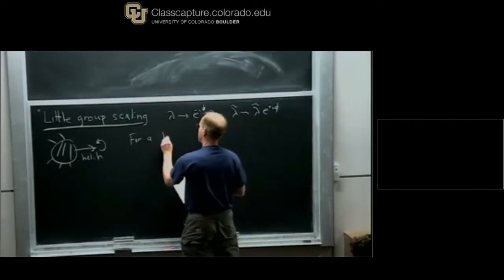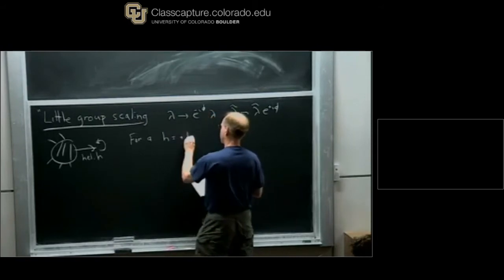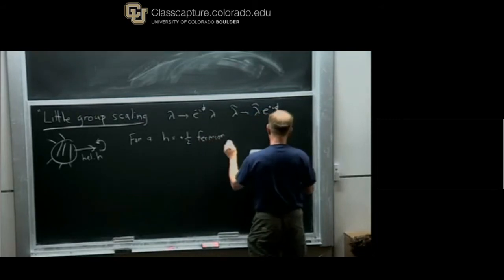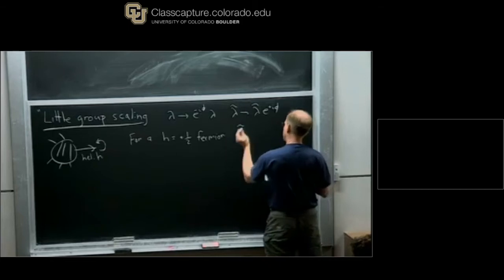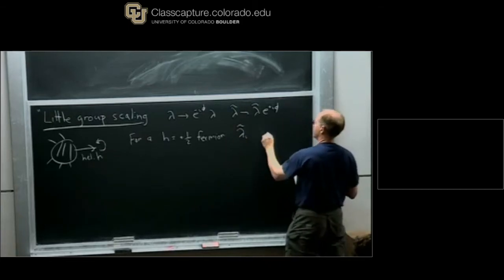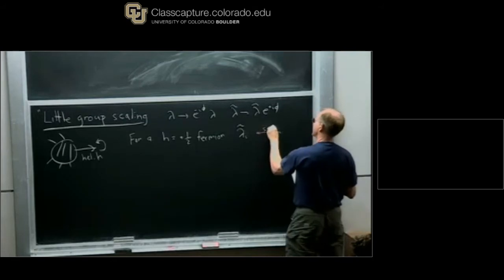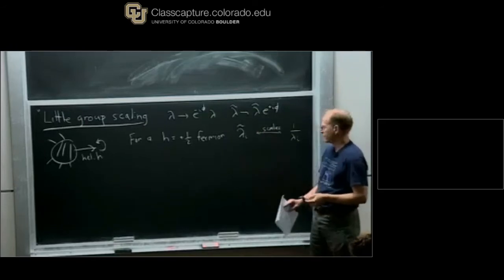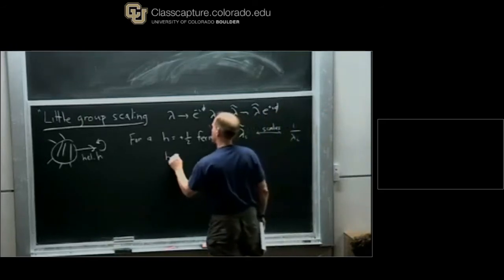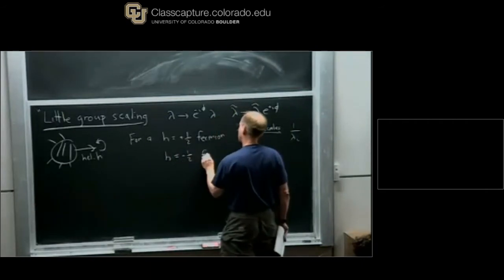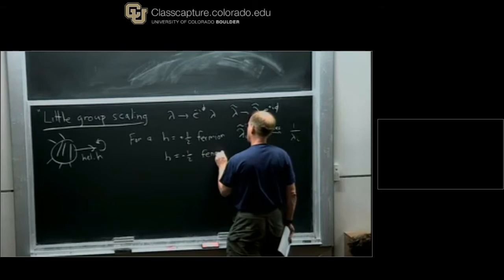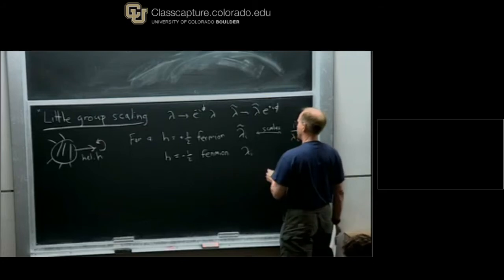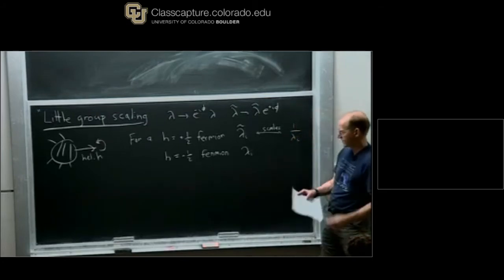So for h equals plus a half fermion, the wave function factor turns out to be lambda tilde. And this scales, it's not numerically equal to, but it scales in the opposite direction as 1 over lambda. Whereas a helicity minus a half fermion has a wave function of the opposite handedness, which scales like lambda.